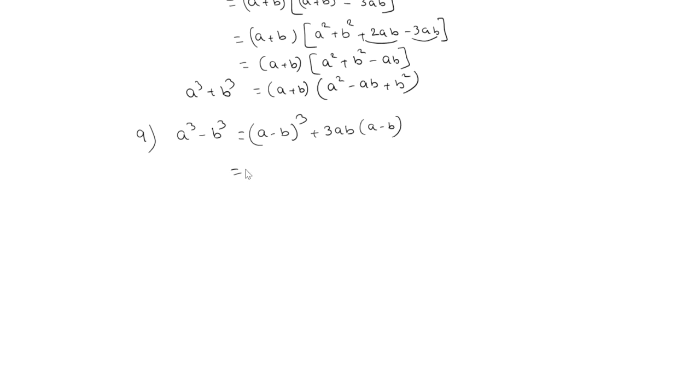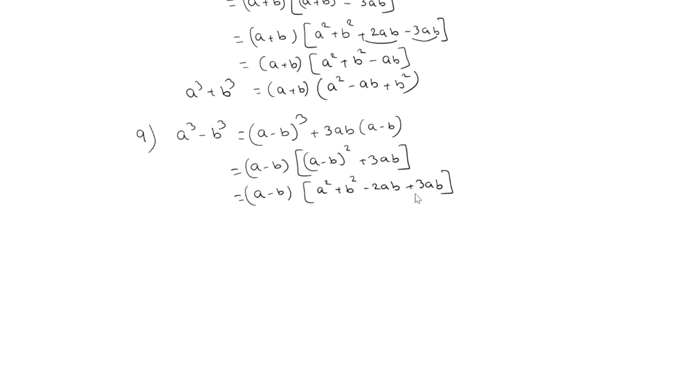Now in both, again in a similar fashion as above, we have a minus b common. If I take a minus b common, then I am left with a minus b whole square plus 3ab. So this time some small changes happen. So finally what it results in, we observe a minus b into a square plus b square minus 2ab plus 3ab.